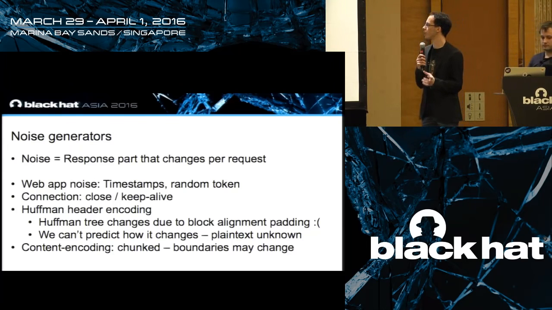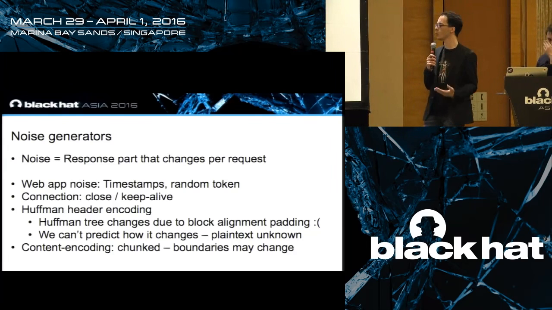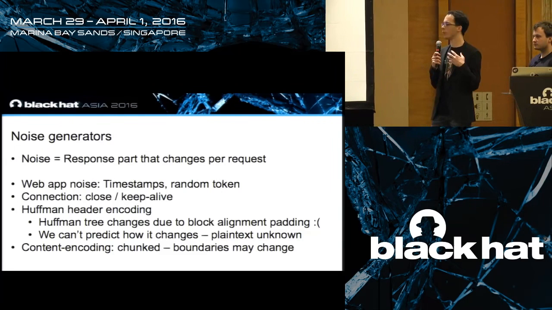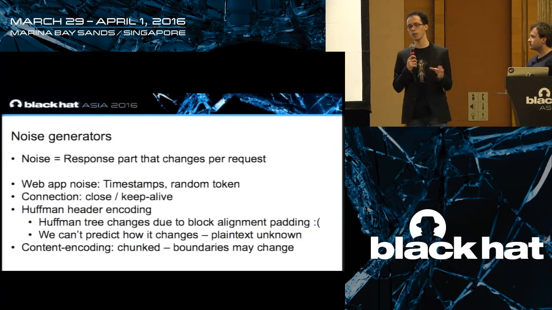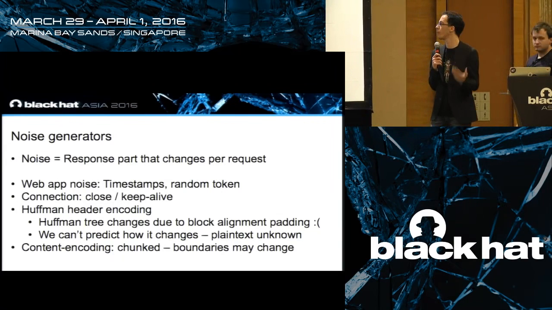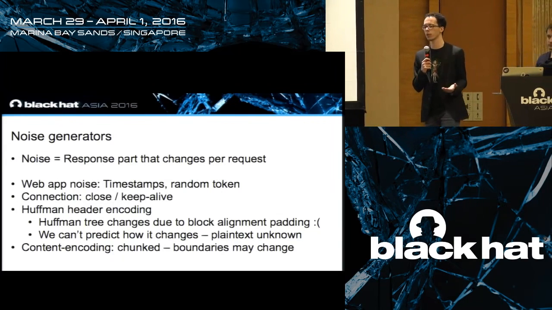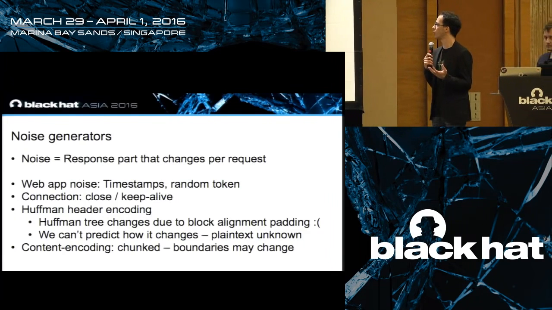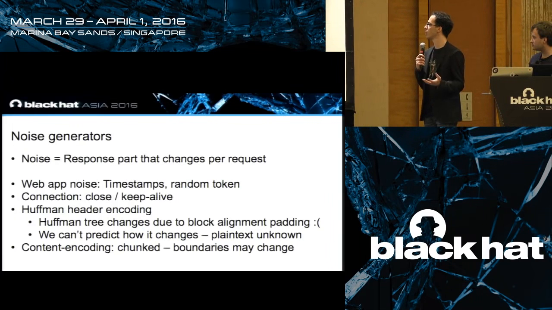The connection field in the HTTP header can either take a value of close or keep-alive. In the first case, there are 3 or 4 fewer bytes. The HTTP header is not actually compressed with the response body, but it is encrypted. So these 3 more bytes will probably result in 1 more block. And we don't like that because it might affect our results.